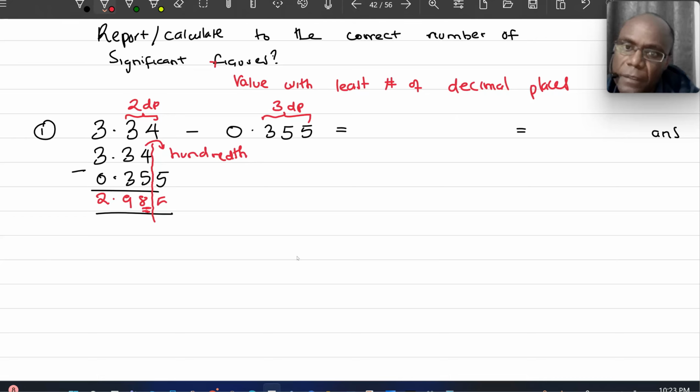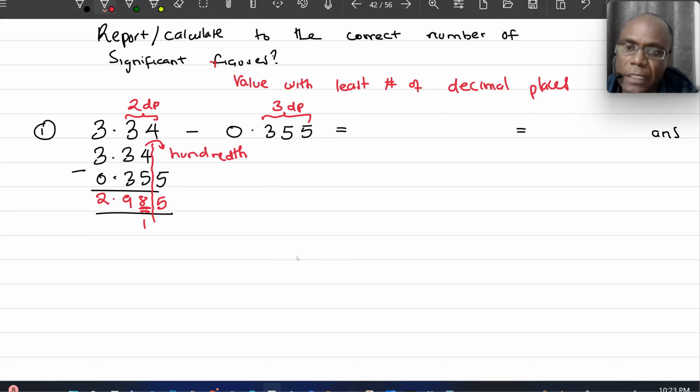2.985. So I underlined with a double underline to tell me that I need to keep that decimal place. Now I look here, I see I have 5, which equals 5. So I need to round my 8 up to 9.